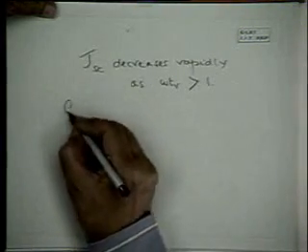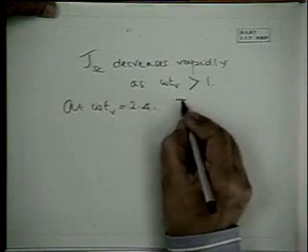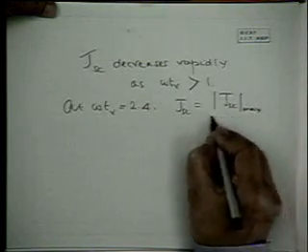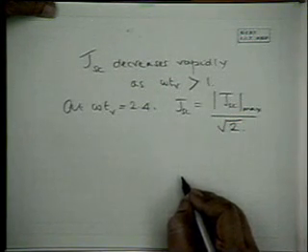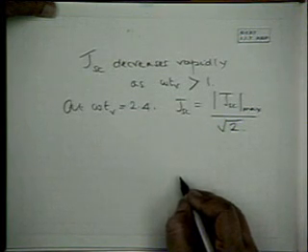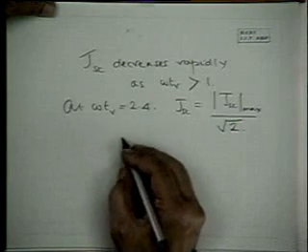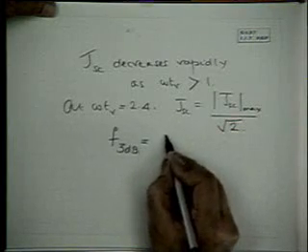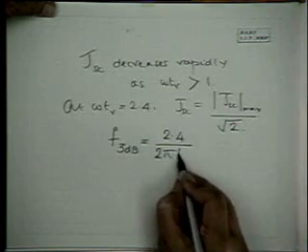And from that graph, we can see that at omega TR equal to 2.4, JSC is JSC max by root 2. So this is the 3 dB point. So we have the condition that F3 dB is equal to 2.4 by 2 pi TR.